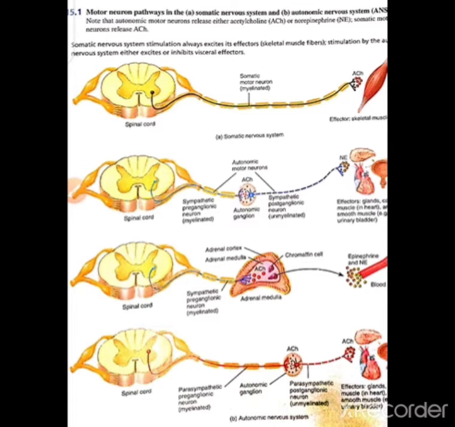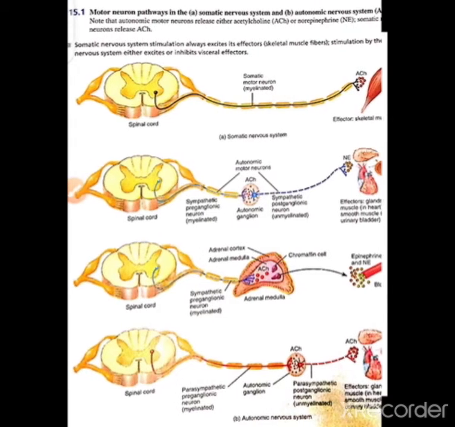Now, somatic nervous system stimulation always excites its effector skeletal muscle fibers. Stimulation by the autonomic nervous system either excites or inhibits the visceral effectors.